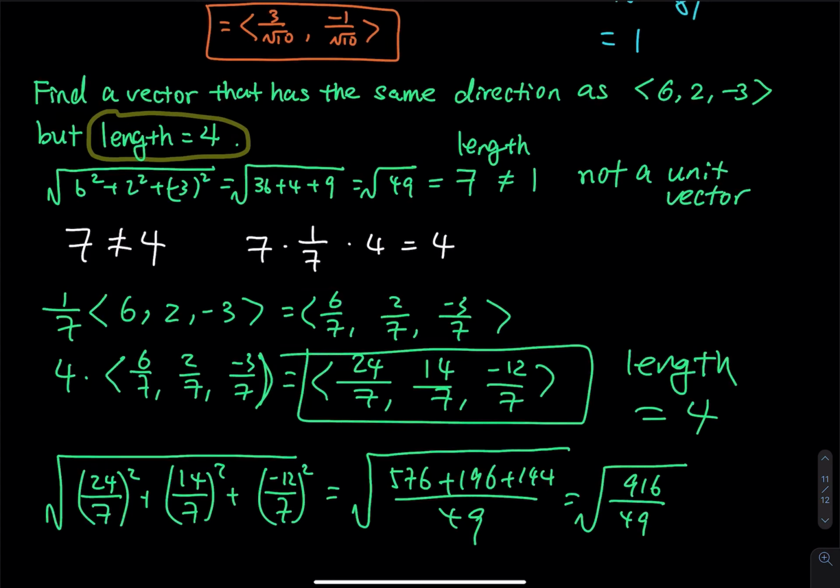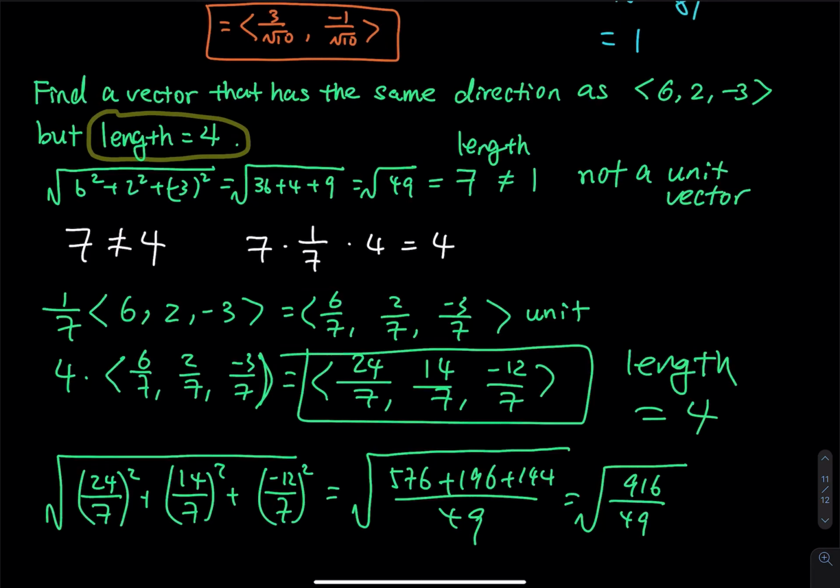First, I divide the vector by 7. So this is a unit vector. And then I multiply the unit vector by 4. And then the length is supposed to be equal to 4. So we square that. 7 times 7 is 49. 24 times 24, 576. 14 times 14, 196. And then 12 times 12 is 144.